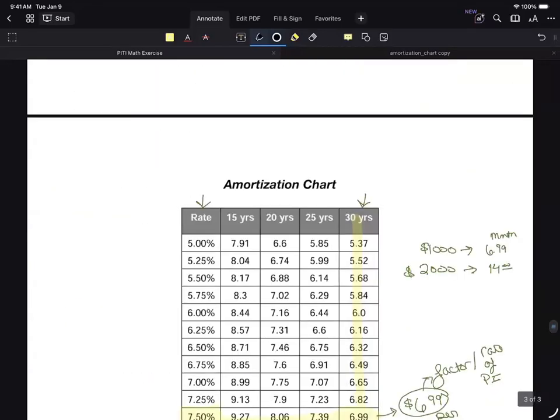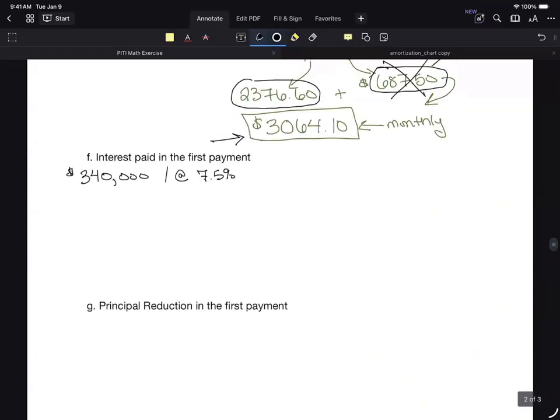7.5%. So if you went to a bank and you said, I'm only going to borrow this amount of money for 1 year, I'm not going to make any payments for a whole year, and when I pay you back in 365 days, I'm going to pay you 340,000 plus 7.5% of 340,000.